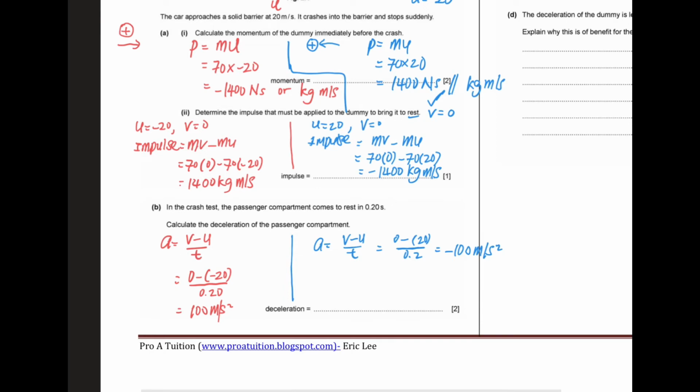So again, the problem is, which one should we take? The red one, positive value. Actually, both will be acceptable. It's deceleration, right? Because it's deceleration, actually we have to take the blue one, right? Logically yes. In this case, they prefer positive answer.